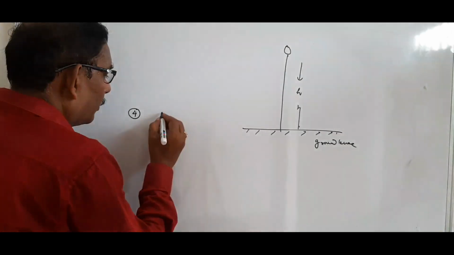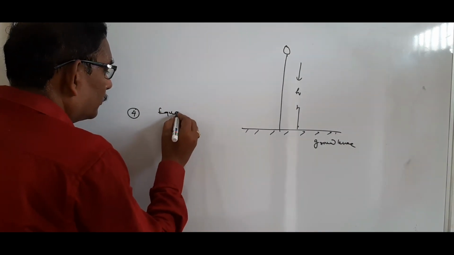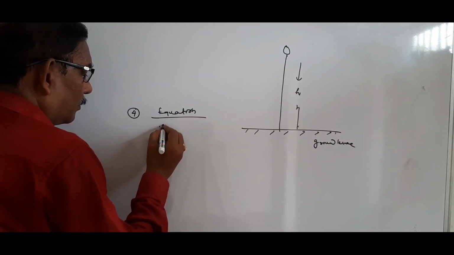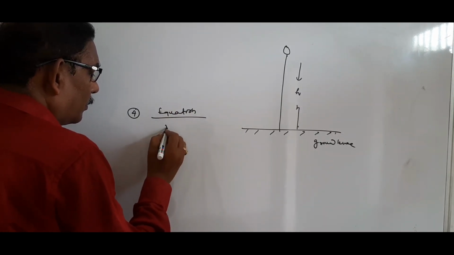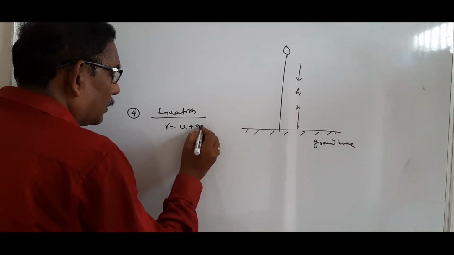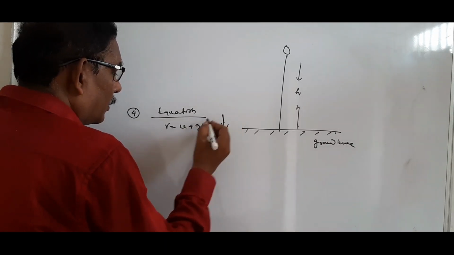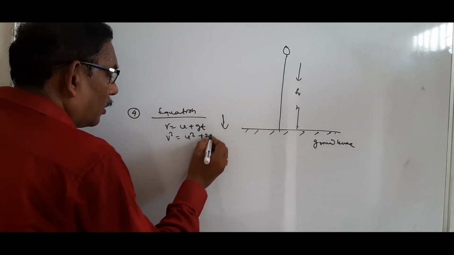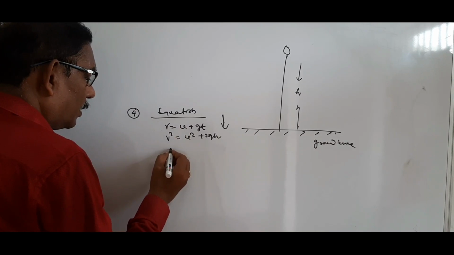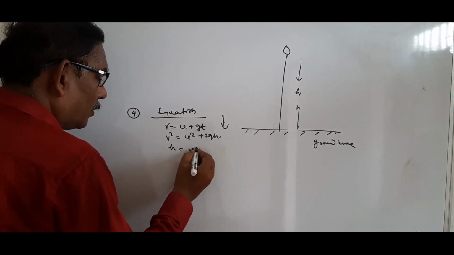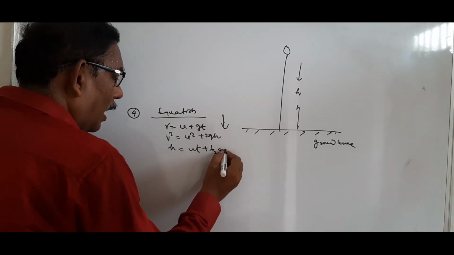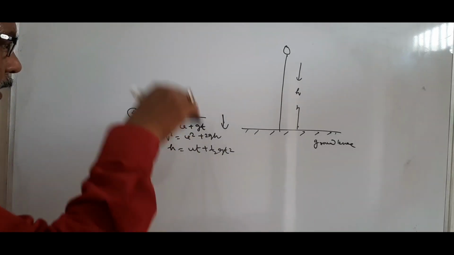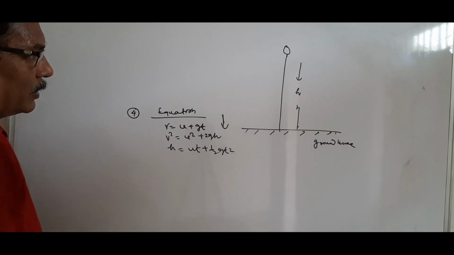Equations of a falling body: v is equal to u plus gt, v square is equal to u square plus 2gh, and h is equal to ut plus half gt square. So these are the equations of a falling body, for a body falling from a height h.